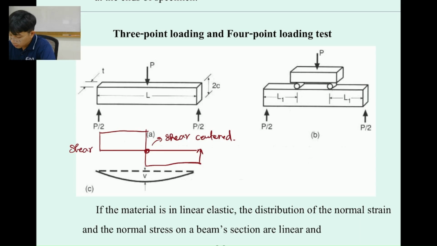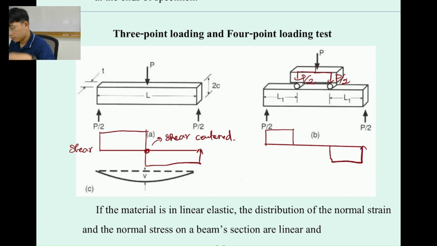Okay, but for this one, it's going to be a little bit different. If we draw a shear diagram over here, it can go like this, go down, and then constant without having load, because this one P over here is done like this. It's going to be P over 2, P over 2, and over here go down and go up backward.